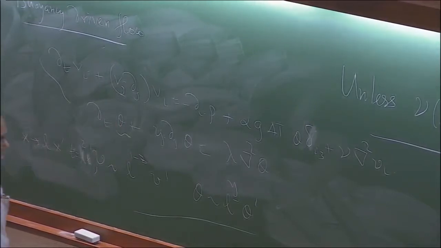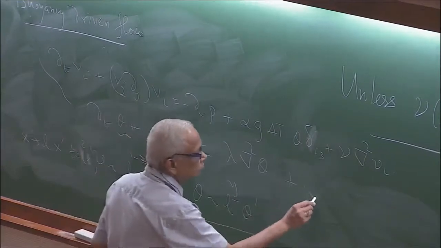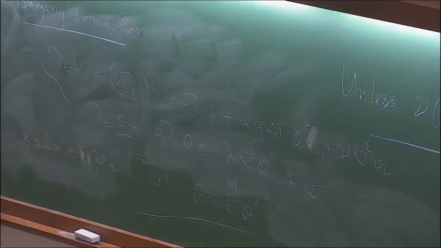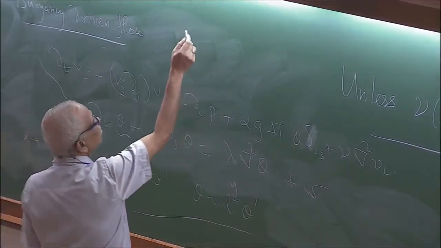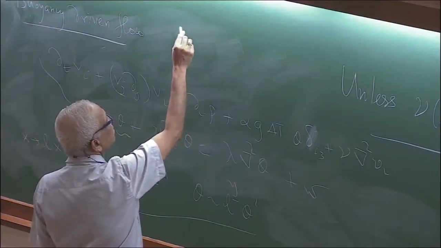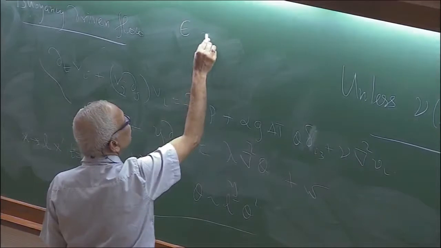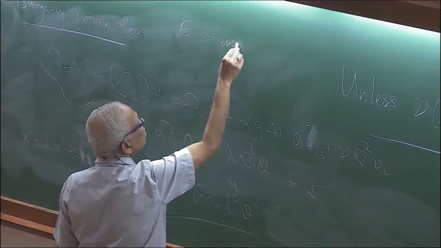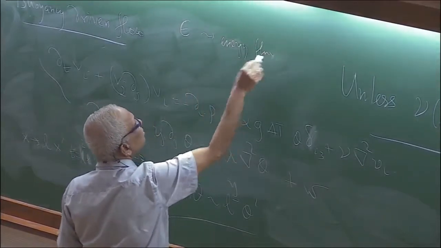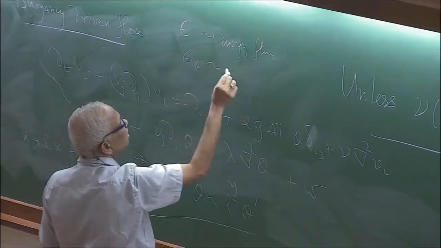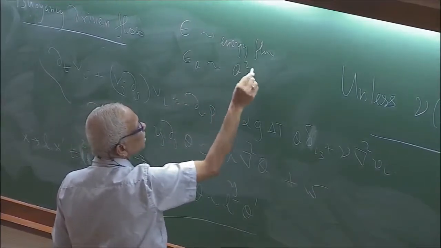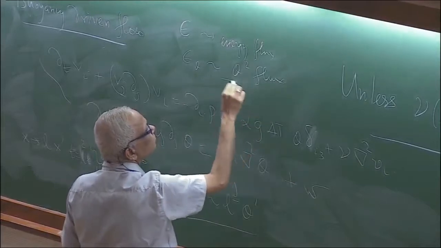And the issue would be looking for scale invariant solutions over here. There would be now a question of two fluxes. There is epsilon, the kinetic energy flux, and there is epsilon theta, which is the theta square flux.